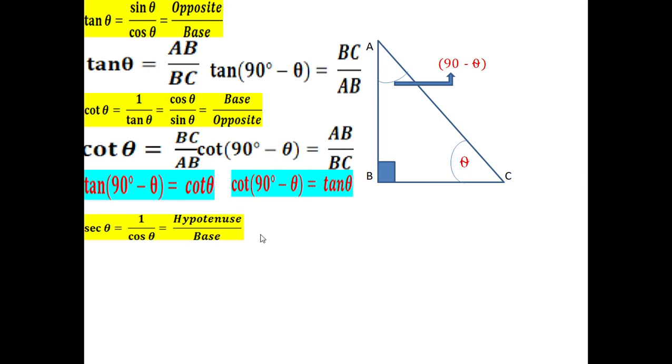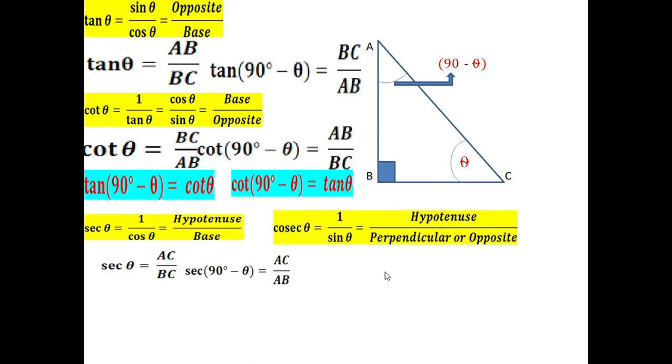Similarly, we shall define sec theta, that is the reciprocal of cos theta, and the formula is hypotenuse by base. So in the context of this triangle, sec theta is equal to hypotenuse AC by base BC, and sec of 90 minus theta is hypotenuse AC again, by base, which in this context is AB.